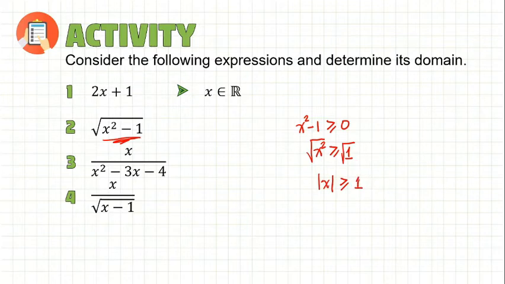And absolute value of x greater than or equal to 1 means that x is less than or equal to negative 1, or x is greater than or equal to positive 1.